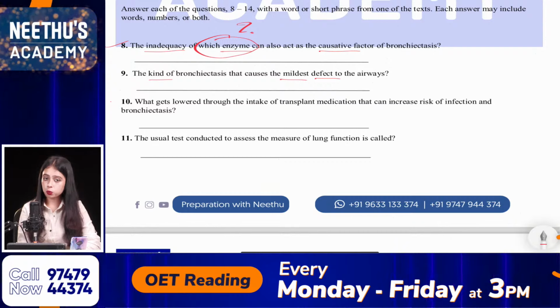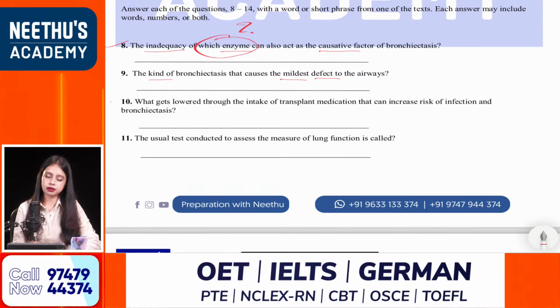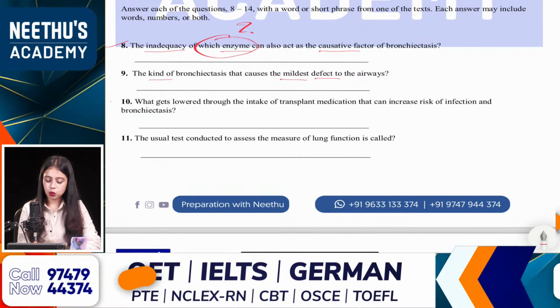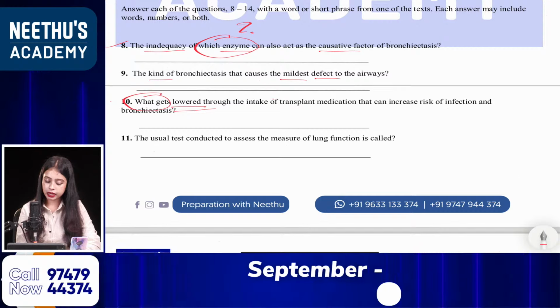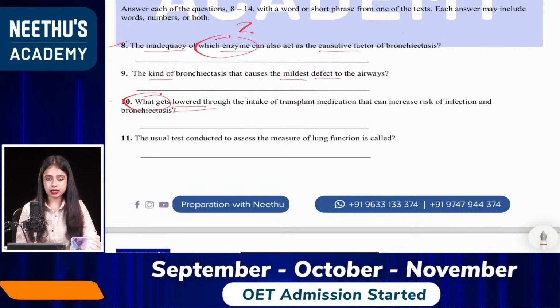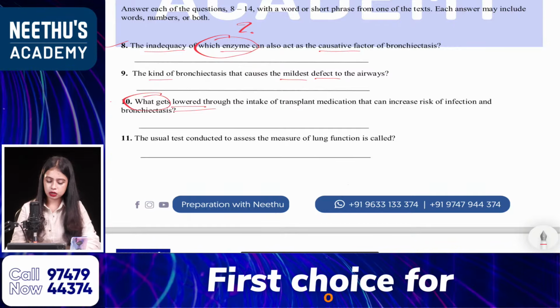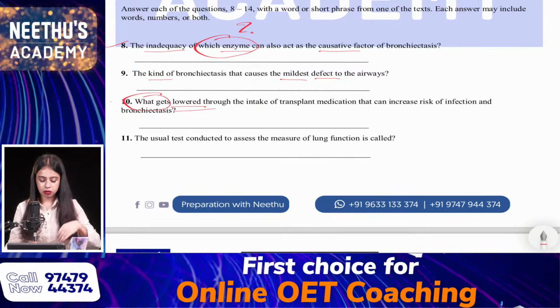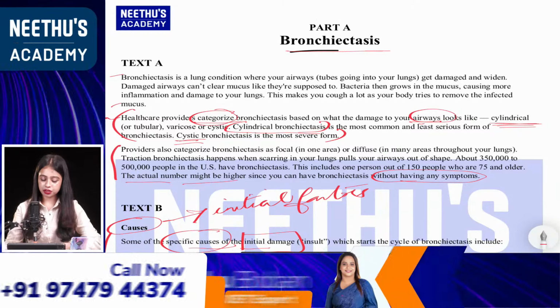What gets lowered through the intake of transplant medication that can increase risk of infection and the condition? But the question is, what gets lowered? What is lowered from the intake of transplant medication? Anything getting lower here? Something is lowering, reducing.